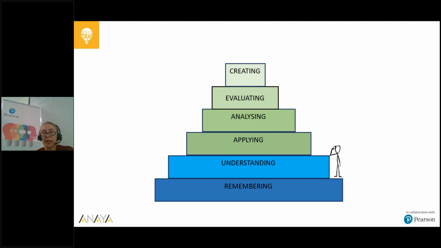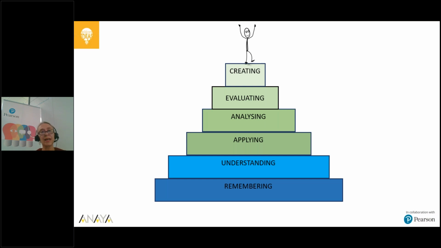We get a new piece of knowledge and we remember it and we struggle to understand it, and then we work on applying it in some circumstance. We analyze it to see patterns of behavior emerging, patterns of thought. We evaluate it and synthesize the knowledge into a mind map. And finally, yes, we're at the top and we can do something with our new knowledge and communicate an original thought. And it's very linear and progressive.